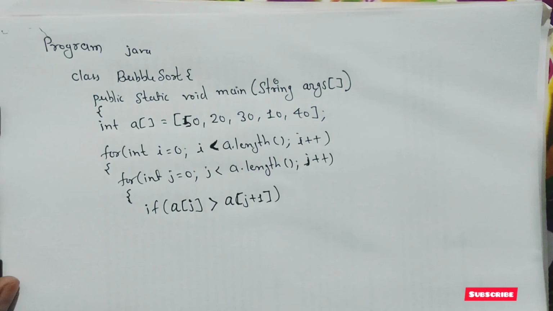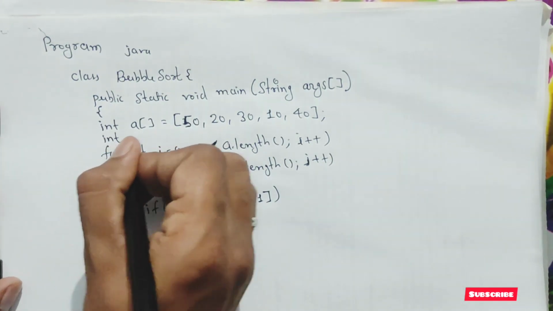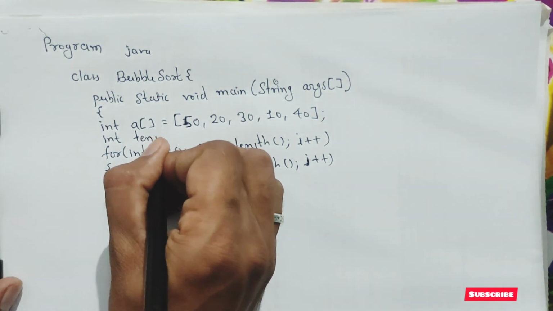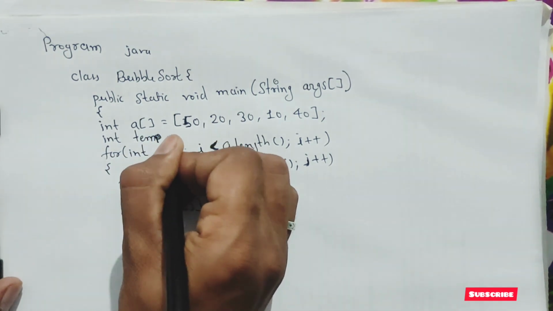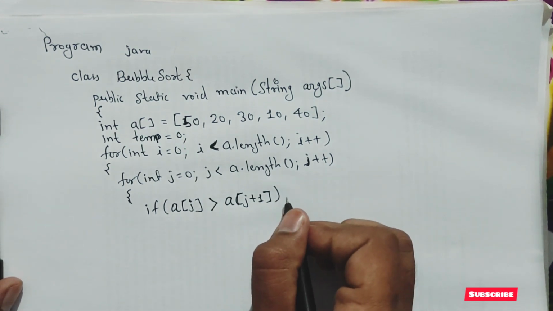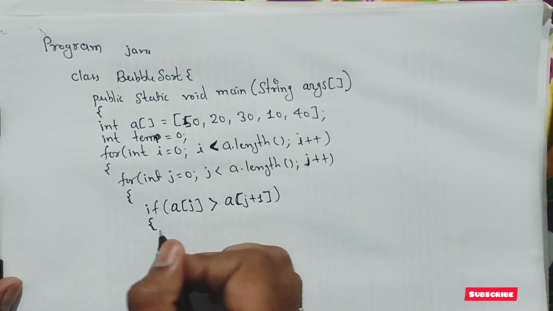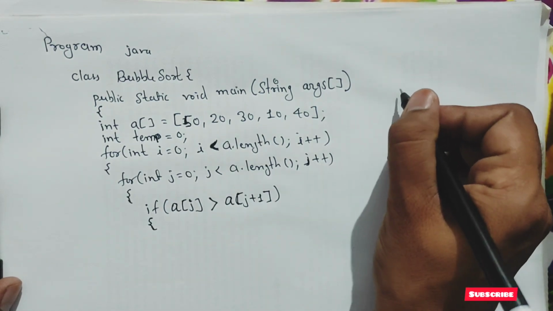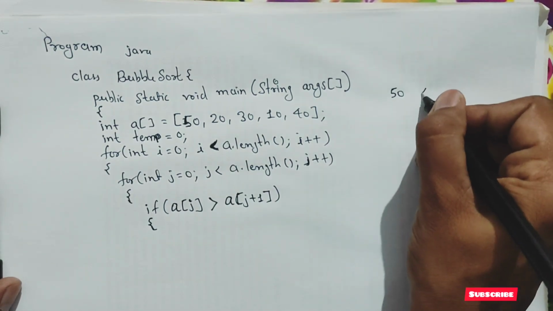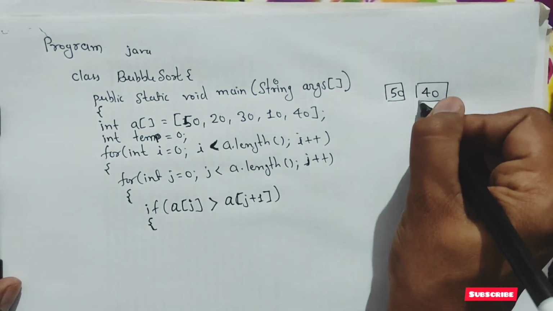If it happens, here I will write an element named temp, to temporarily store the elements. And this is the condition where we need to swap. So how will we swap? Suppose there are two elements, 50 and 40. Now if I want to swap these two elements, how will we swap?